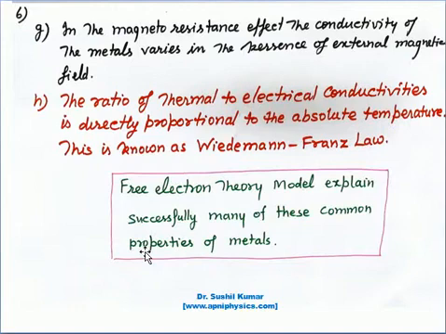So the free electron theory model explains successfully many of these common properties of metals. Some of the properties are mentioned here, and with the help of free electron theory we will try to explain some of the properties which we have discussed here.